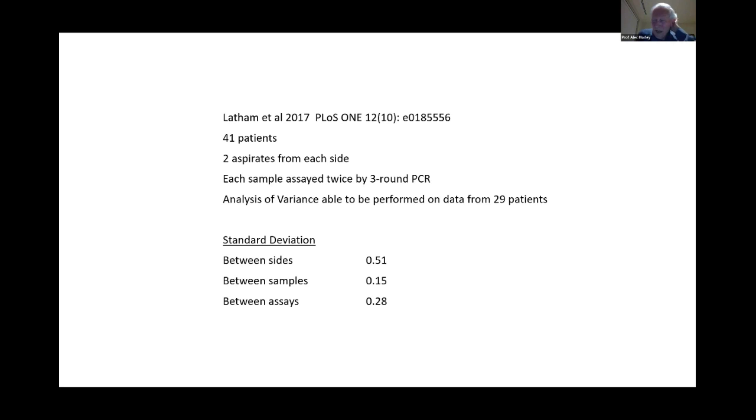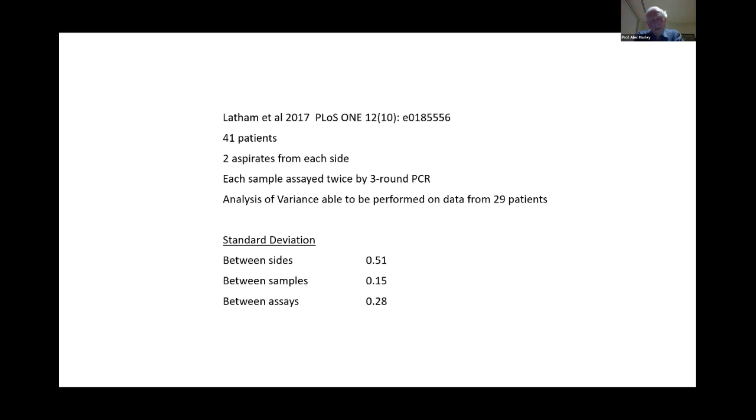Levels were such that we were able to perform an analysis of variance on data from 29 patients. Now, you'll see the standard deviation between sides was substantial, and it was significantly greater than that between samples on the same side.